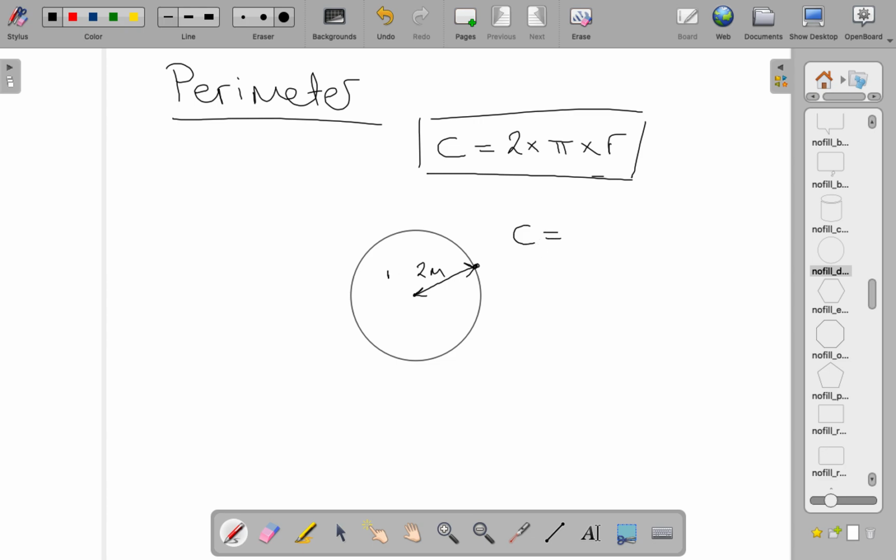The radius is 2 meters, so this is equal to 2 times pi, which you just put into your calculator, times the radius, which is 2. So do the numbers: 2 times 2 is 4. So circumference is equal to 4 pi. Then you can put this into your calculator and get a decimal answer. This would be in meters, 4 pi meters. And that's how you work out the perimeter of the common shapes.